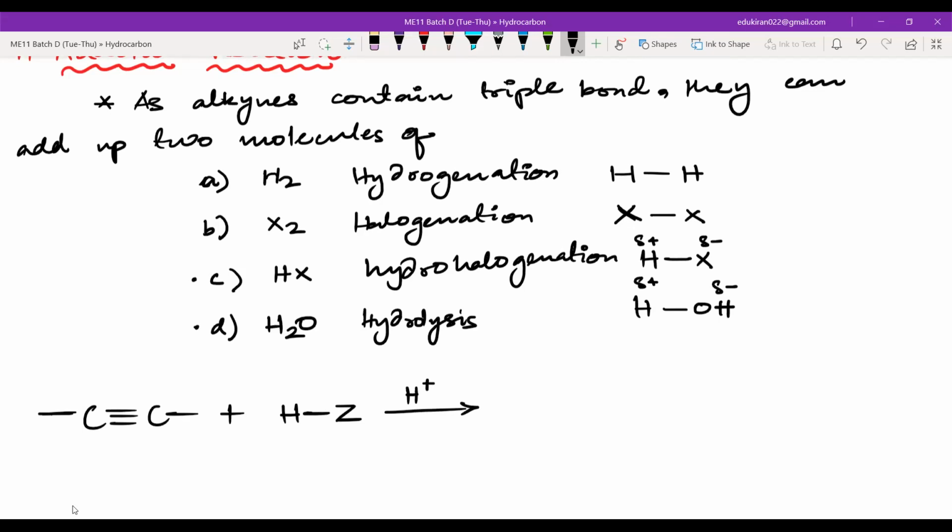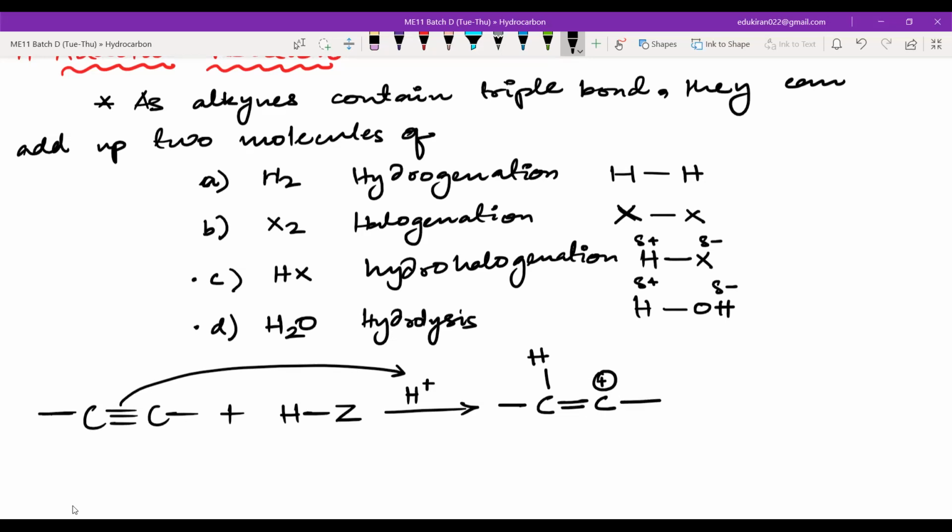Now, as you know, H plus is an electron deficient species. It does not have electrons. It has a positive charge. And the pi electrons here, which are electron rich, will attack. What is going to happen is that this carbon of the triple bond will get a hydrogen. Any one of these carbons will get a hydrogen, and here you will get a positive charge.